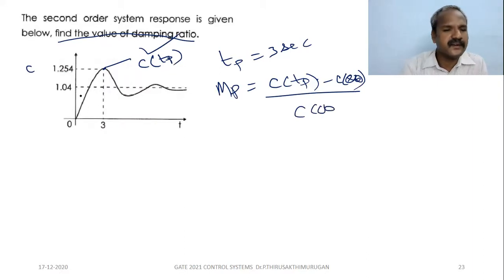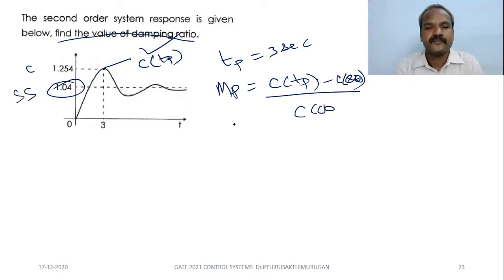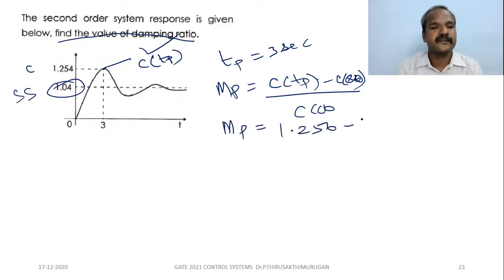So what is C of infinity here? 1.04. This is the steady state value. So MP equal to 1.254 minus 1.04, divided by 1.04, you get 0.2.